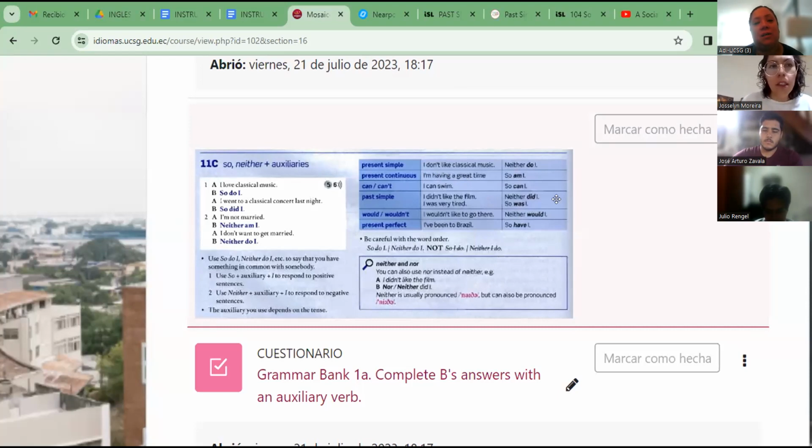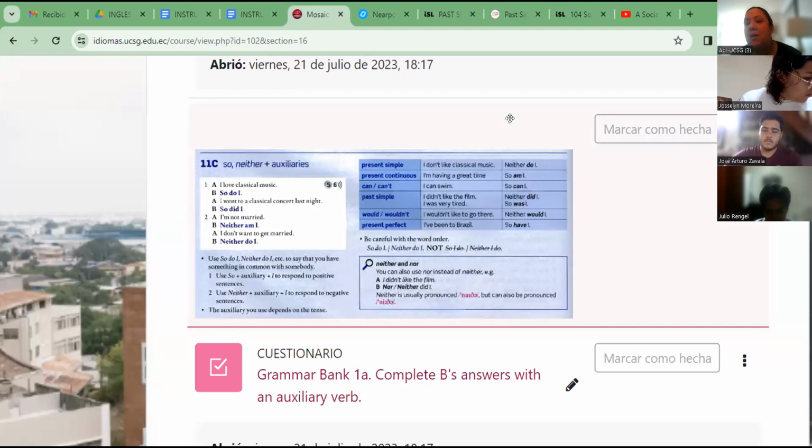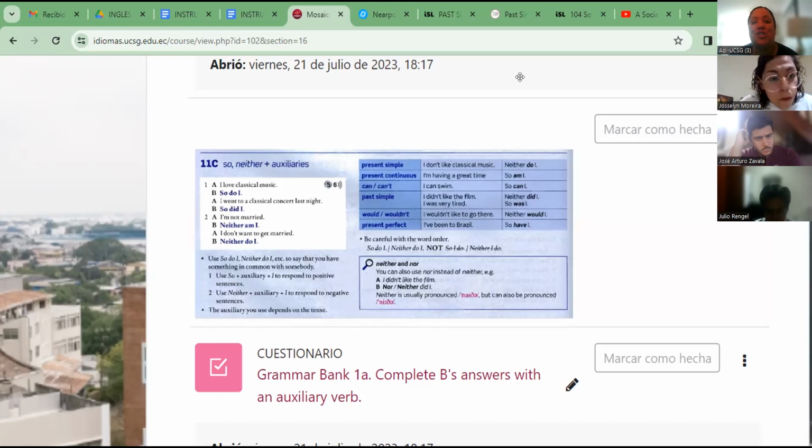Neither and either are for negative, Jocelyn, and so and too are for positive. Yeah. So the structure changes, but it's both for negative, and so and too is for positive.